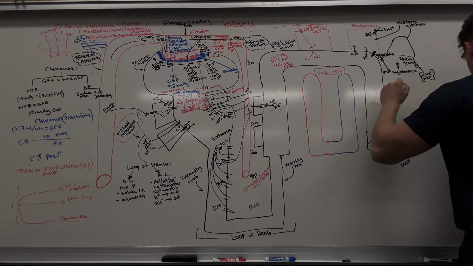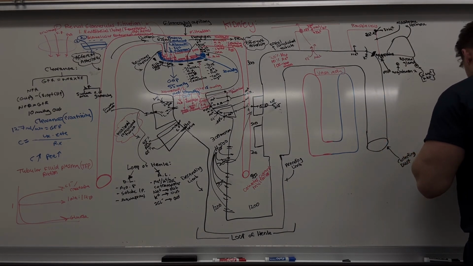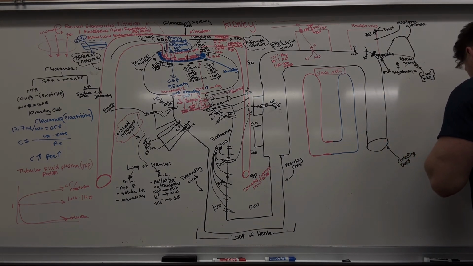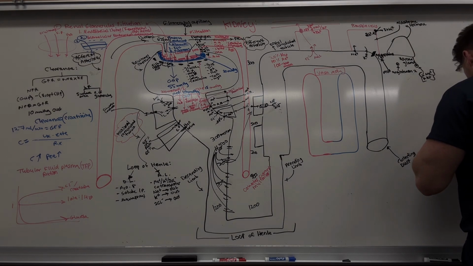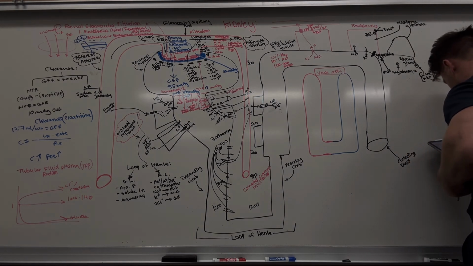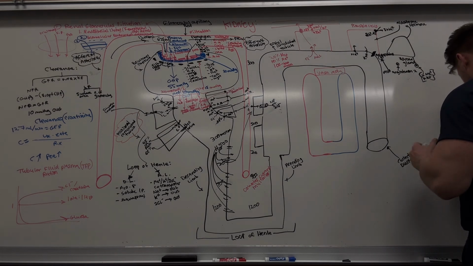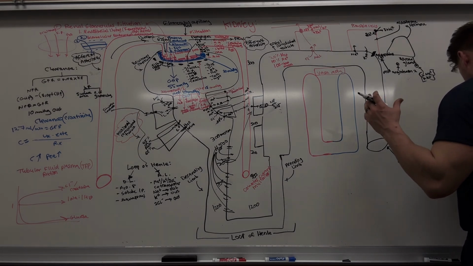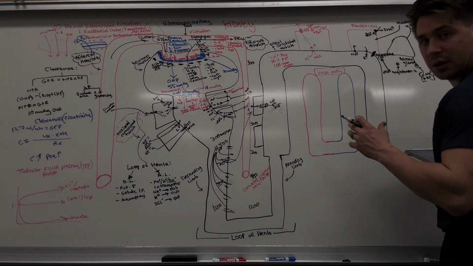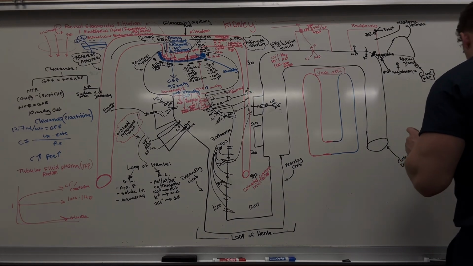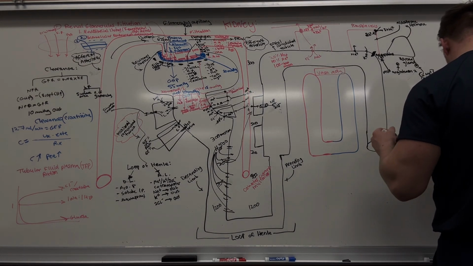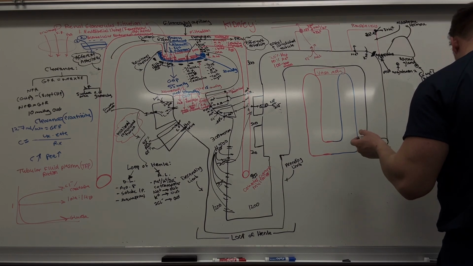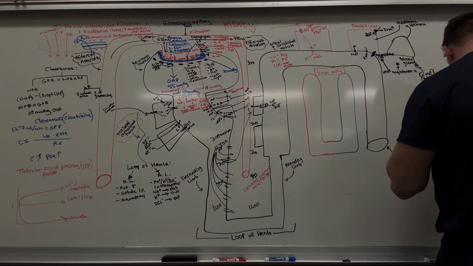ADH, the antidiuretic hormone, can stimulate these aquaporins. So they open aquaporins, allow water to flow in, and then the water follows the sodium ions in the blood, so we increase the blood volume, which increases blood pressure.